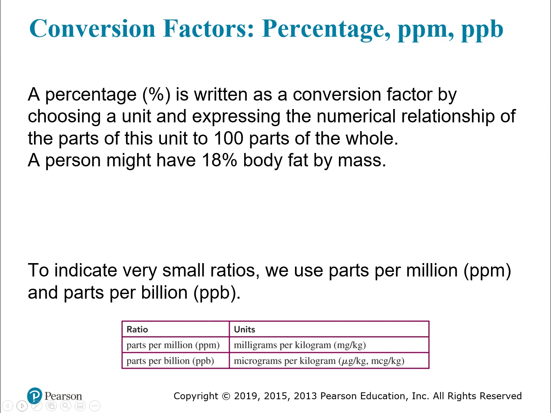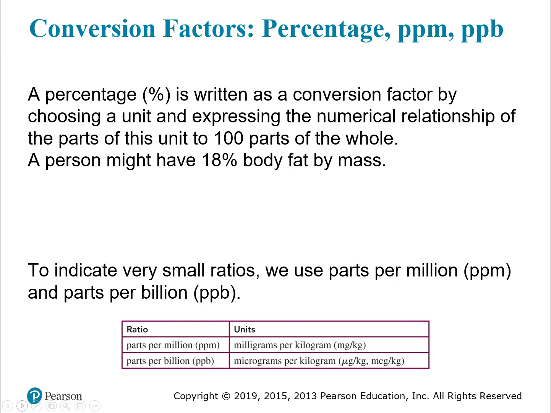Percentages, parts per million, parts per billion, those things also are conversion factors. A percentage is written as a conversion factor by choosing a unit and expressing that numerical relationship in 100 parts of the whole.